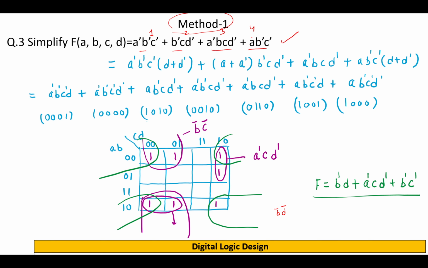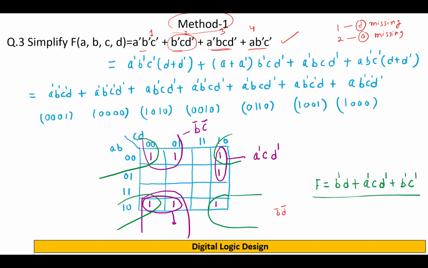What we observe in the first expression is that D is missing. Similarly in the second expression, A is missing. The A term is not there. This is your second term.